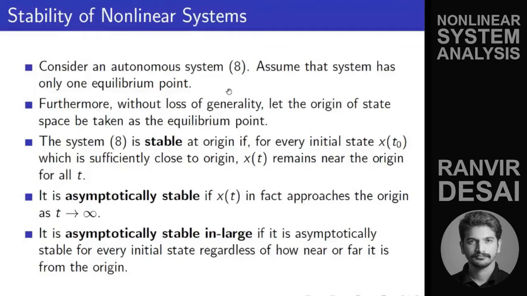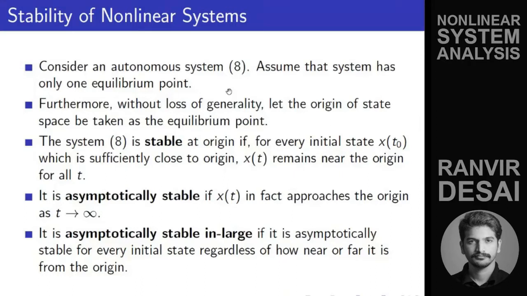Let's say that region is a circle of radius 3. If all the initial conditions remain in that circle, and you pick up any initial state, and all of those converge to that point, then we can say that it is locally stable, or stable.